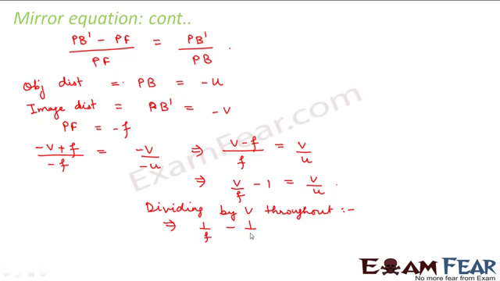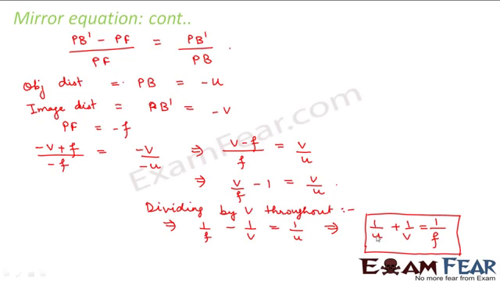We get 1 by F minus 1 by V is equal to 1 by U. Or we can write it as 1 by U plus 1 by V is equal to 1 by F. So this equation relates the image distance, object distance and the focal length of the mirror.